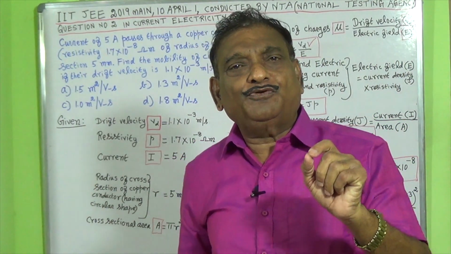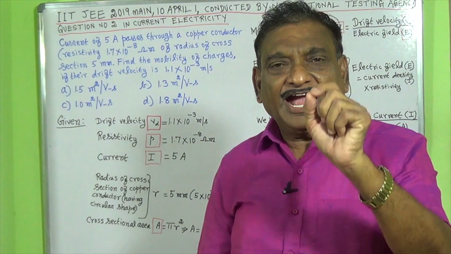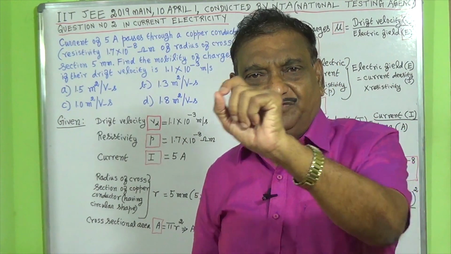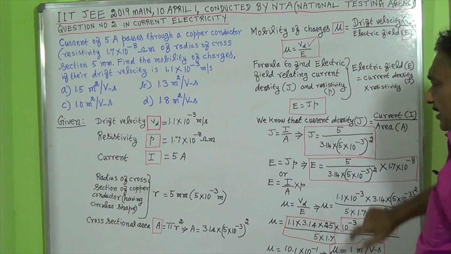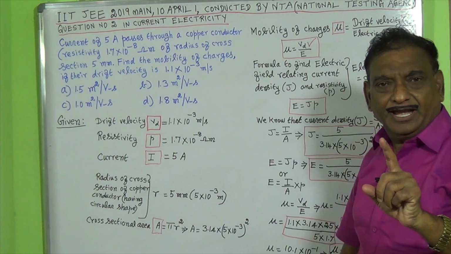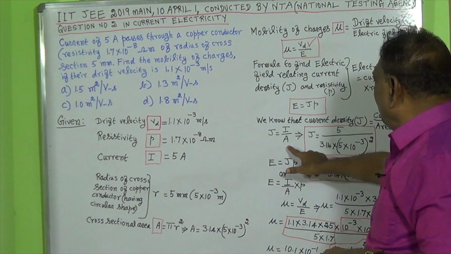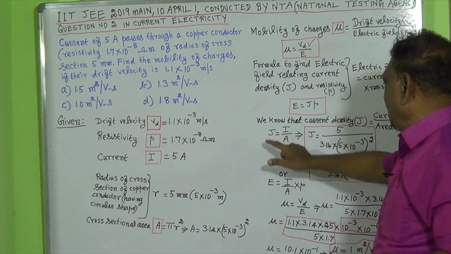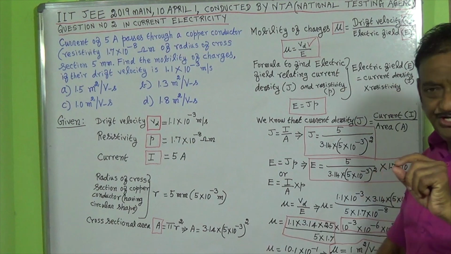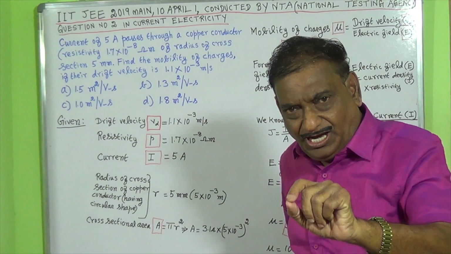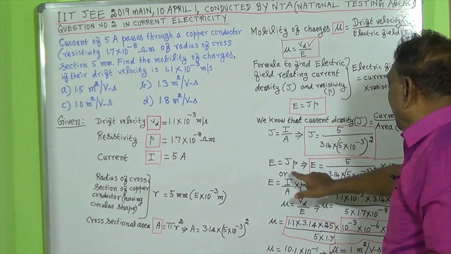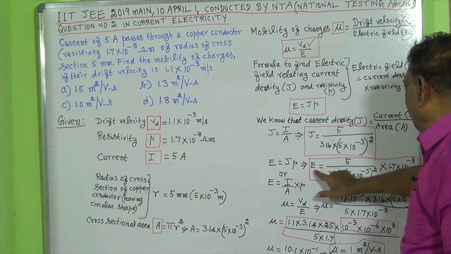The formula to find the electric field is current density into resistivity. If we divide the current by cross-sectional area, we will get the current density. After finding the current density, we can determine the electric field by multiplying the current density with the resistivity.